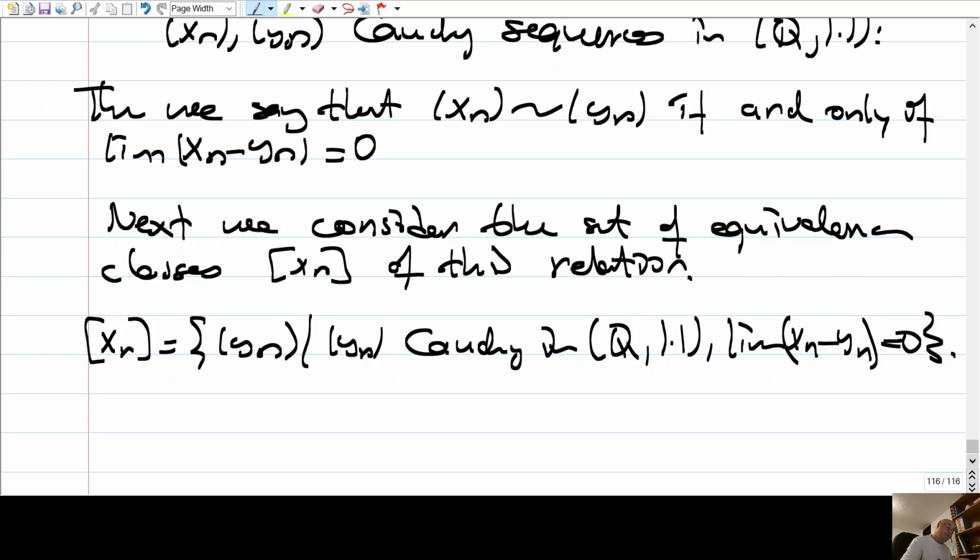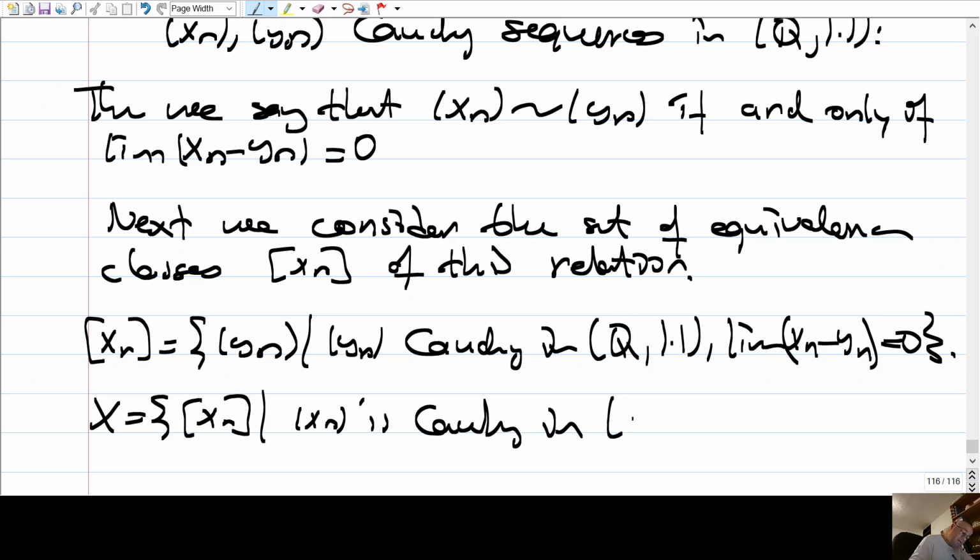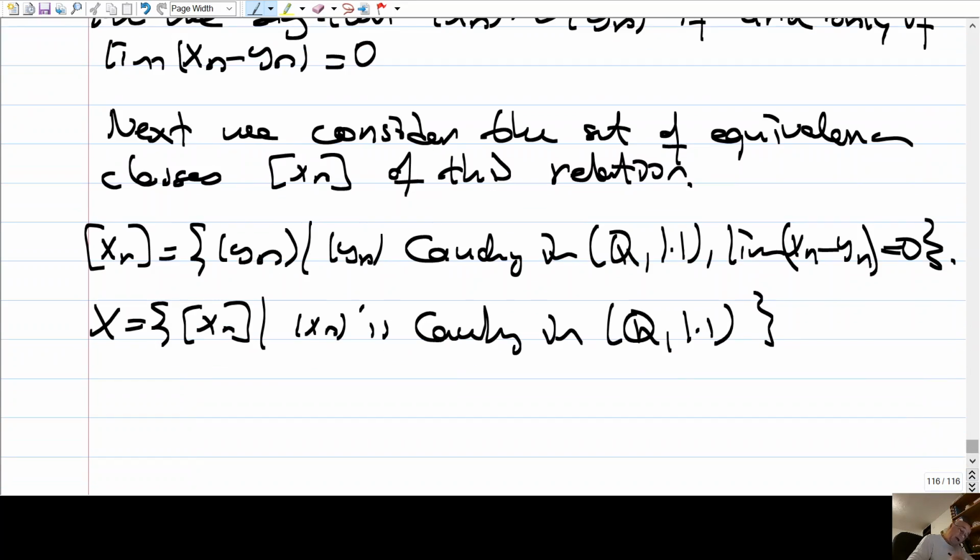These equivalence classes themselves constitute a set, and you can actually put a metric on this and so on. So let's say X is the set of all these equivalence classes of sequences that are Cauchy in Q, and we put a metric on this.